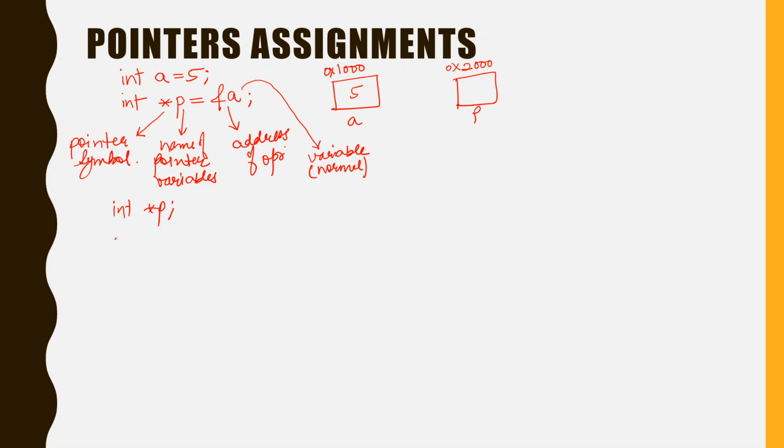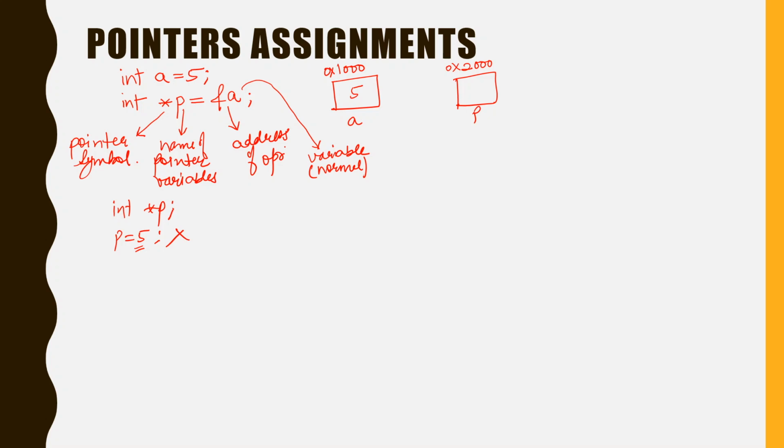So you cannot write p = 5. This statement is not possible. Since 5 is an integer, you cannot directly assign any value, or even an address in the form of an integer, to the pointer variable.